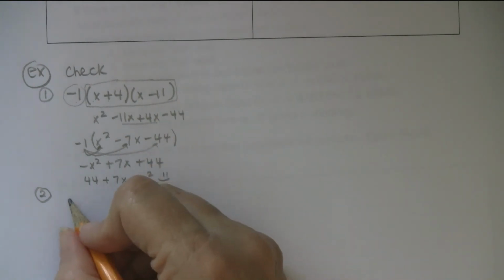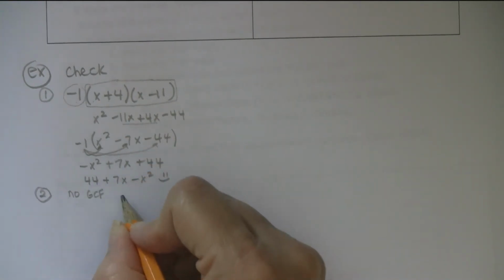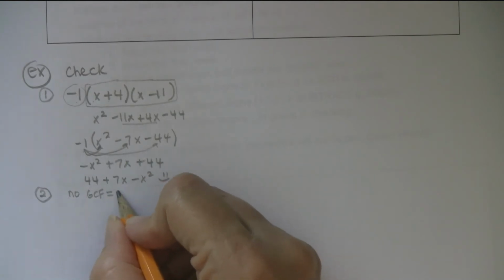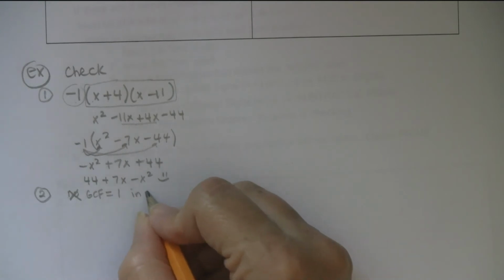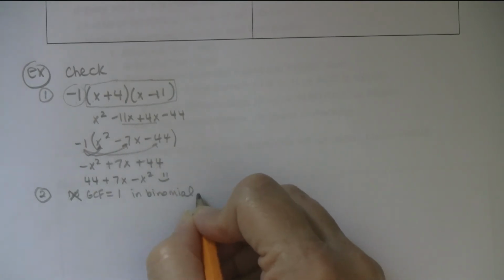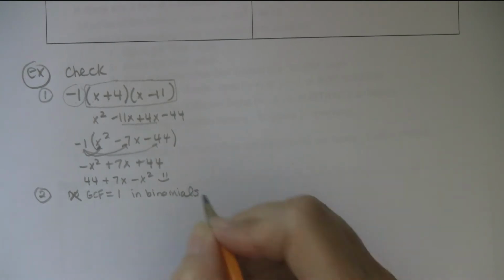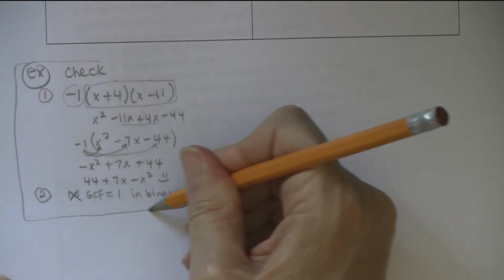So no greatest common factor, or greatest common factor equal to 1, in binomials, right? And so you don't have to worry about it. So this was my thoughts in checking it.